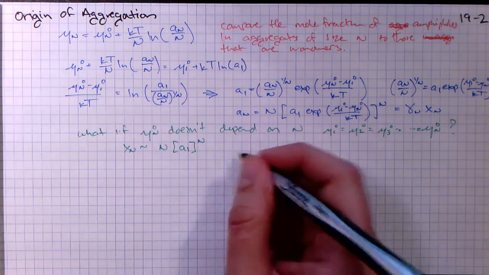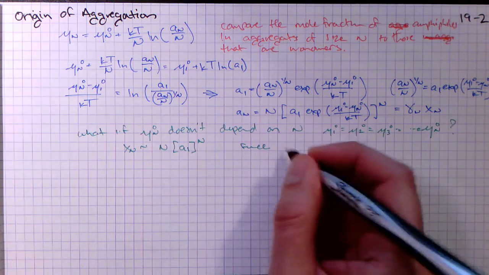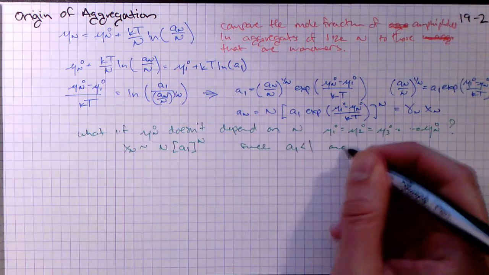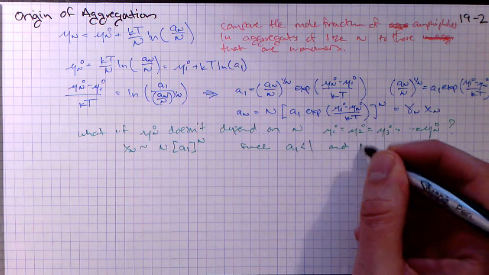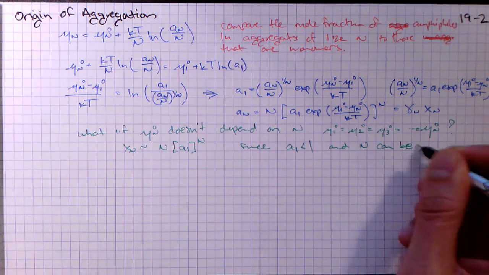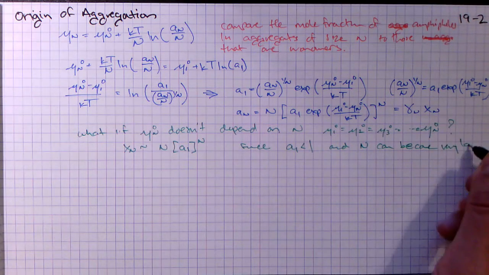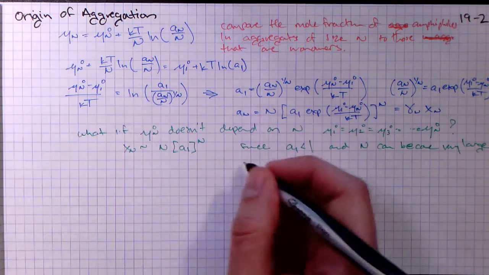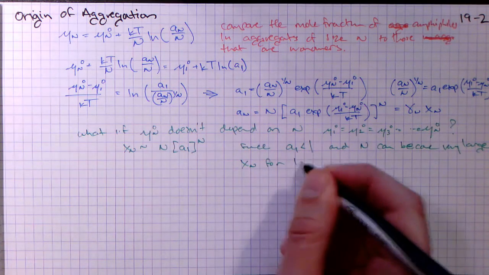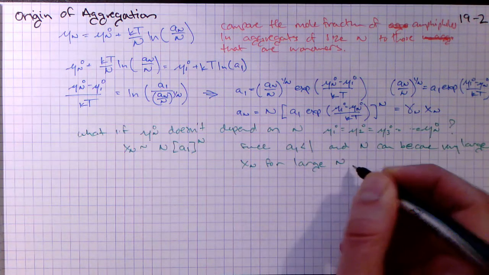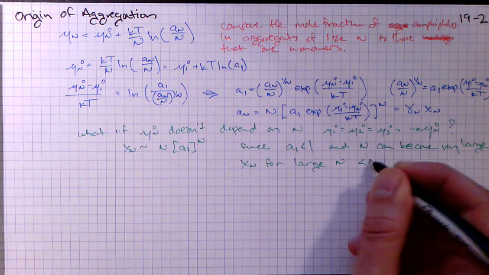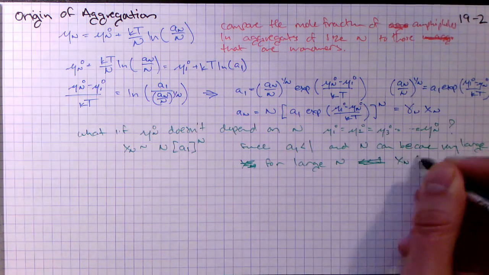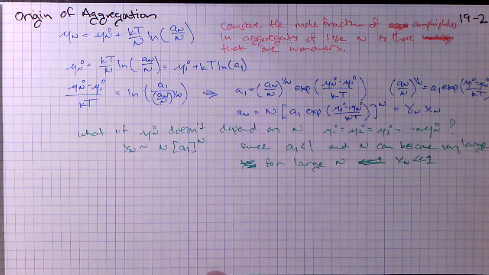And since we know by definition the activity can't be greater than 1, and n can become very large, we know that xn for large n is going to be much, much less than 1. Okay.